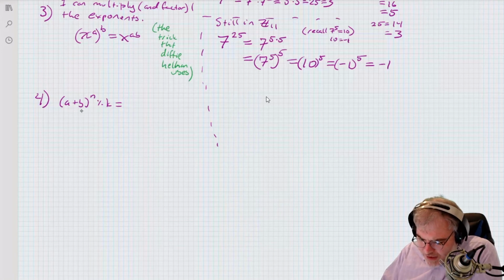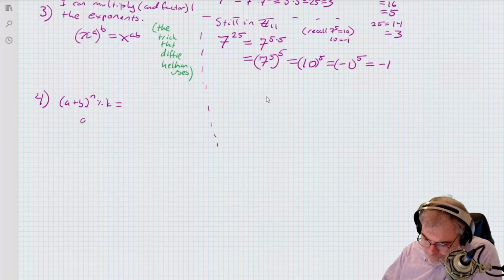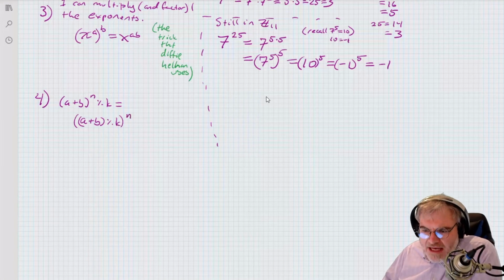And each one of those I can mod first. So I can mod A plus B by K before I do an exponent.